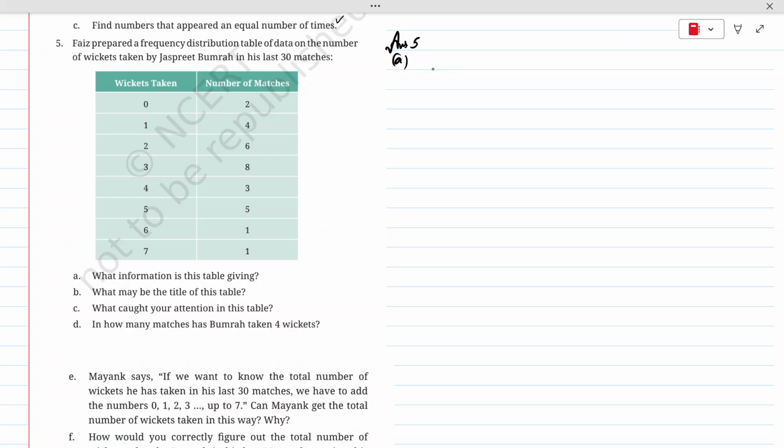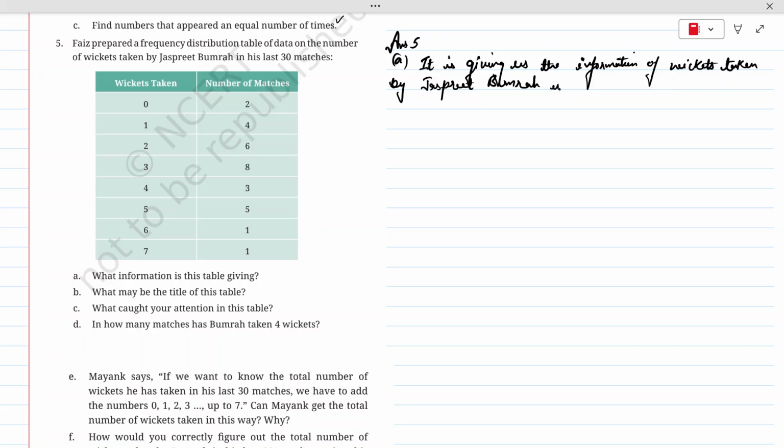Okay, so I'm writing here, it is giving us the information of wickets taken by Jasprit Bumrah in his last 30 matches. Okay, this is the information we are getting here.